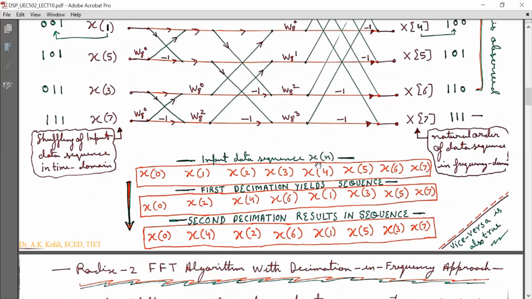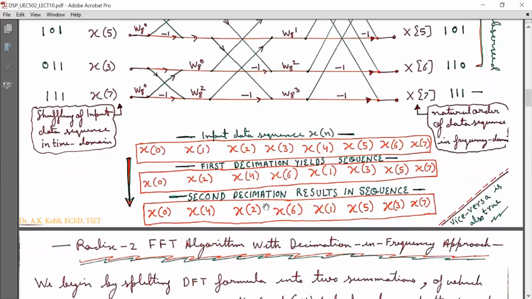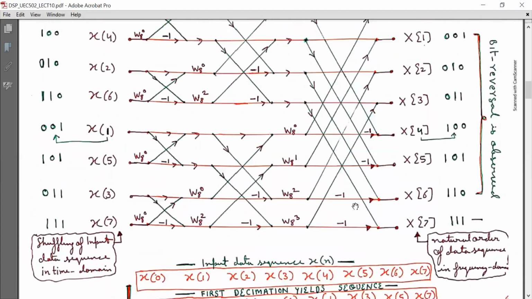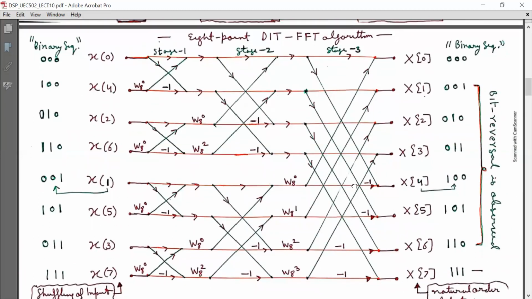The input data sequence given is x[n]: x0, x1, x2, x3, x4, x5, x6, and x7. The first decimation yields the sequence x0, x2, x4, x6. These are even samples. Then x1, x3, x5, x7. These are odd samples. The second decimation results in the sequence x0, x4, x2, x6, x1, x5, x3, and x7, as per the DIT radix-2 algorithm.